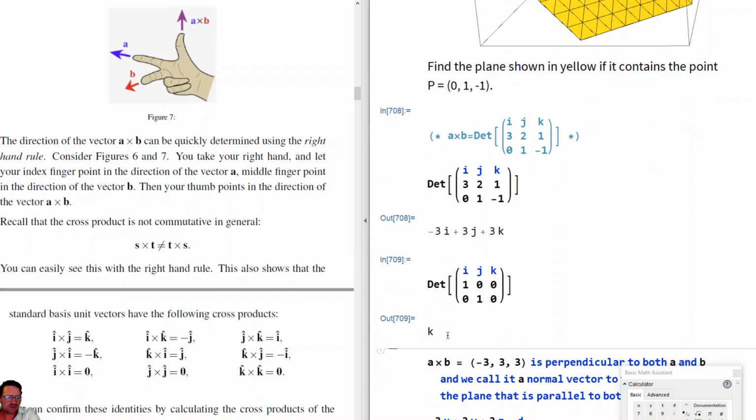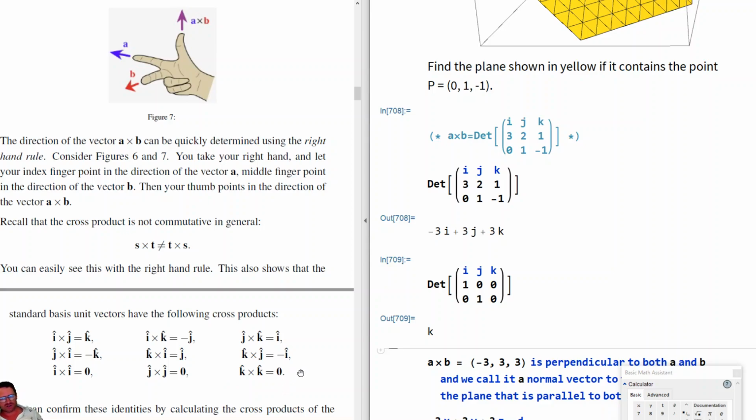Okay, you see it gives k. All right, i cross k gives minus j, j cross k gives i, j cross i gives minus k, k cross i gives j, k cross j gives minus i, and i cross i gives the 0 vector, j cross j gives the 0 vector, and k cross k gives the 0 vector.